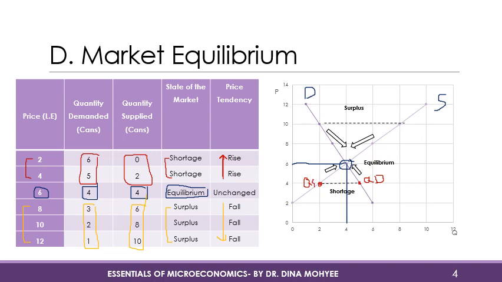At the price of 4, which is lower than the equilibrium price, the quantity demanded is 5 units, while the quantity supplied is 2 units. This creates a shortage in the market, and when there is a shortage, the price tends to rise until we reach equilibrium at 6. Only at this price, the quantity supplied equals the quantity demanded.